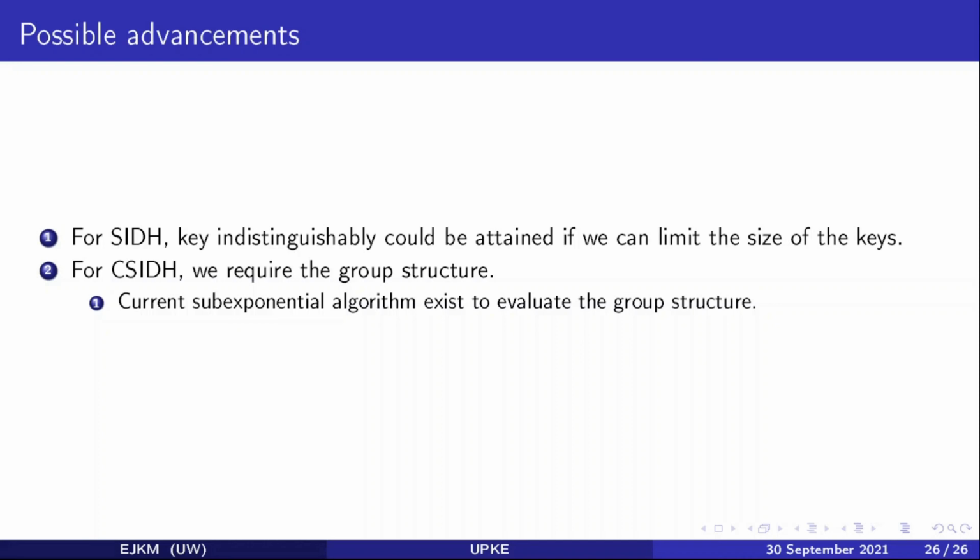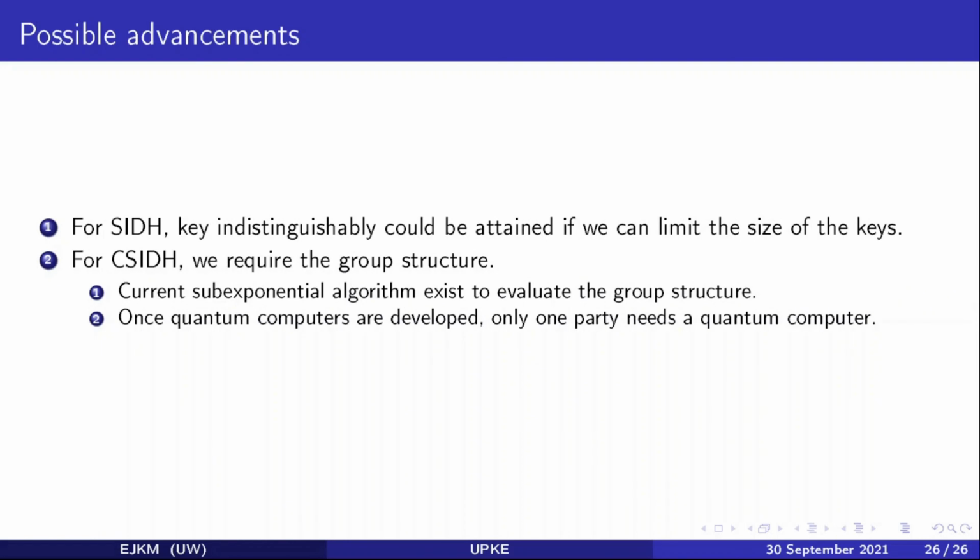There are currently sub-exponential algorithms to evaluate the group structure. Also, since we are talking about post-quantum algorithms, we have to remark that once quantum computers are developed, only one of the parties requires to have a quantum computer for everybody involved to have a quantum secure scheme.